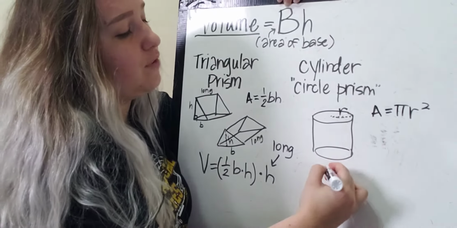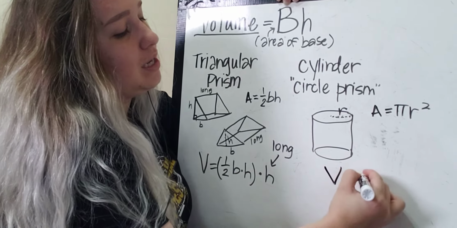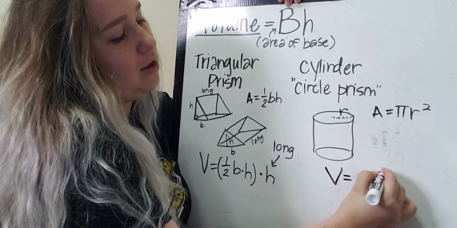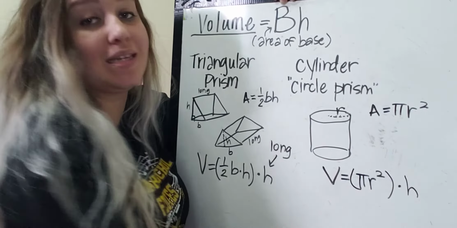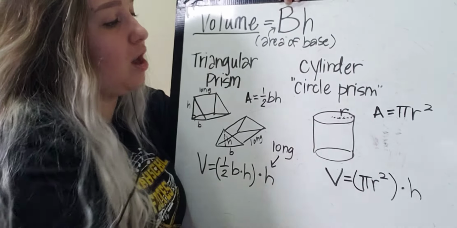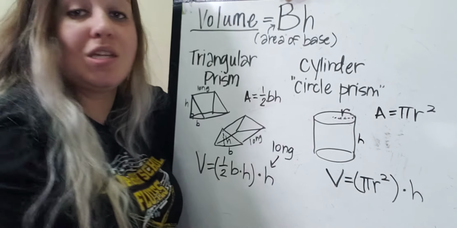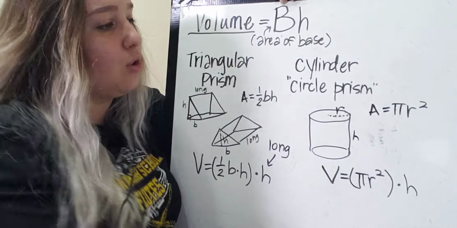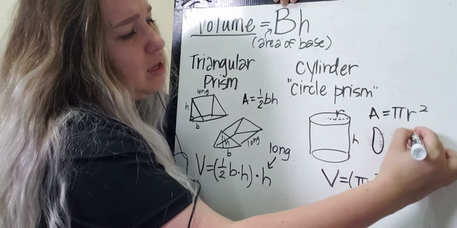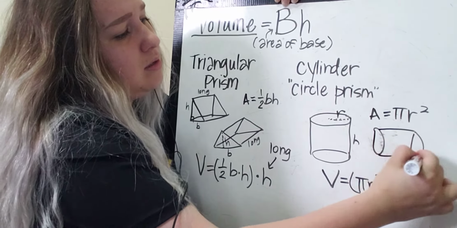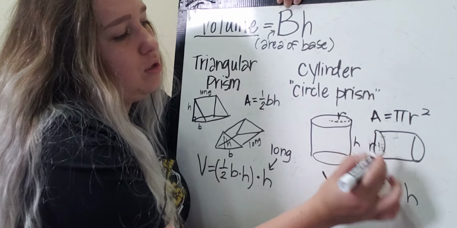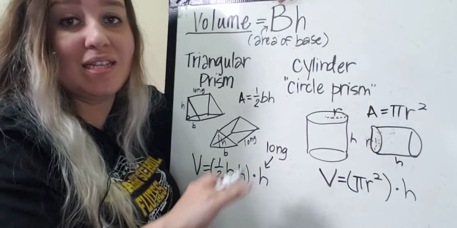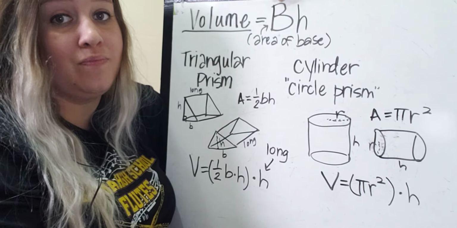So the volume of our cylinder is pi r squared times the height. So there's your r, and your height is just how tall it's going to be. Or if they draw the cylinder the other way, then your radius is still half of your circle, but this is your height now. It's how long it is.